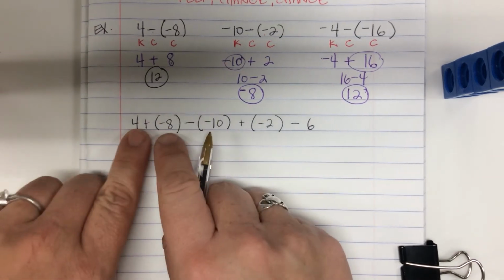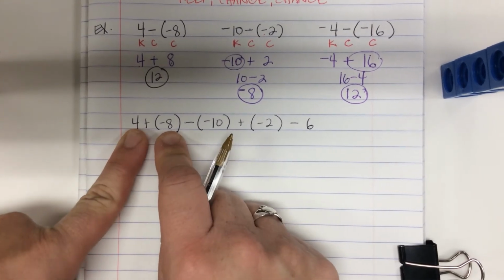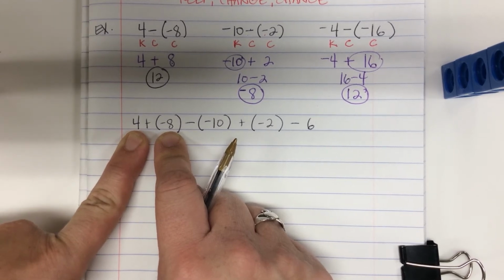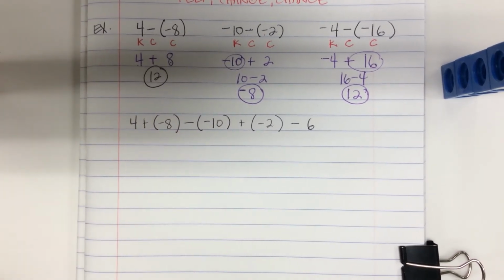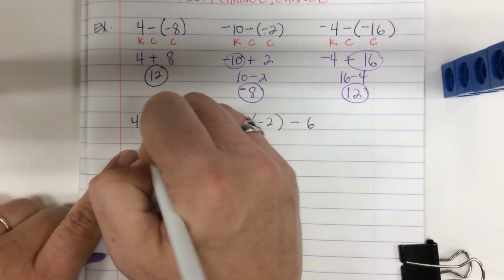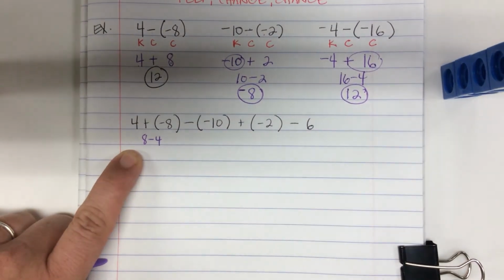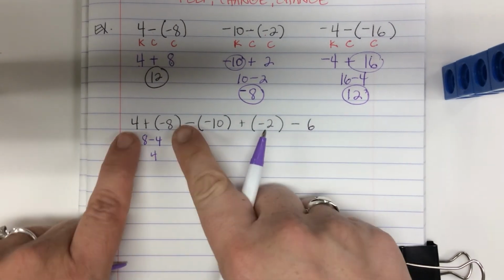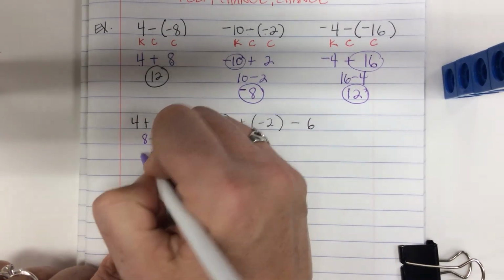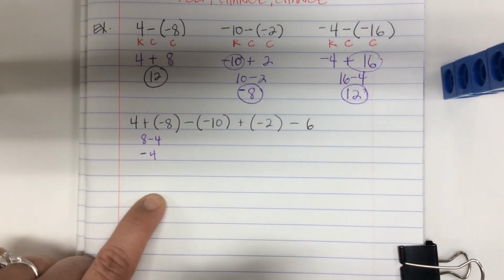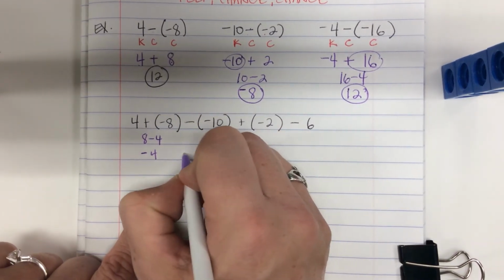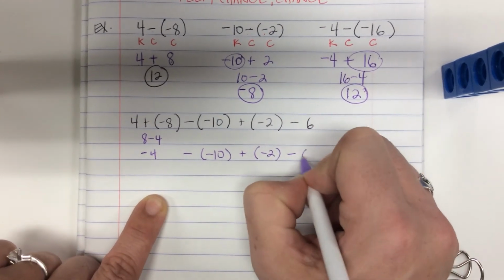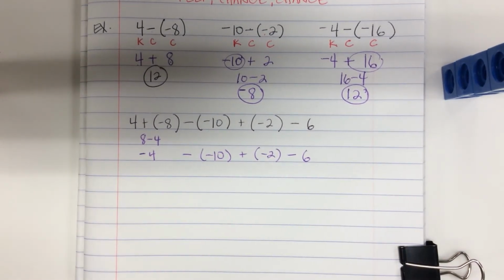All right, let's start at the beginning. This is from Friday. It's addition, correct? Are the signs the same? Find the difference. 8 minus 4. Greatest distance. So it's negative, right? Okay, I'm going to write down the rest of the problem. Minus negative 10 plus negative 2 minus 6.